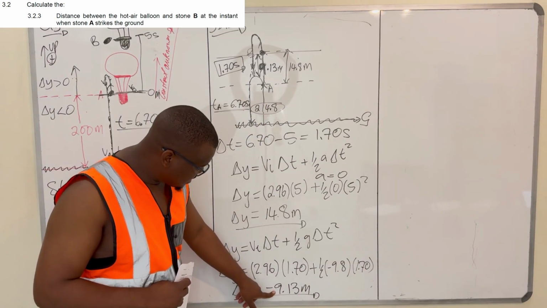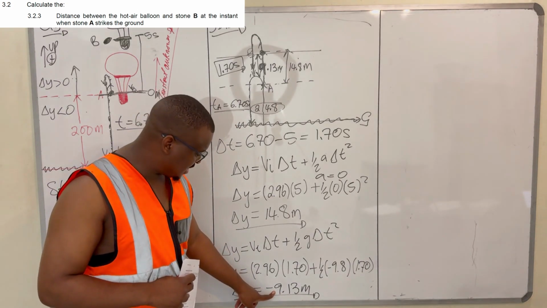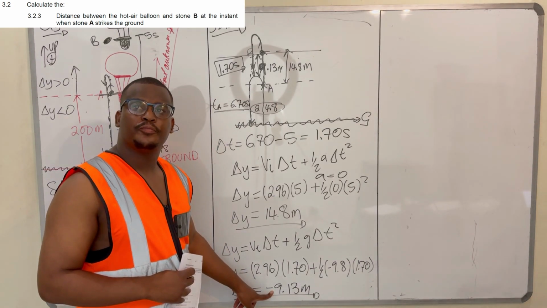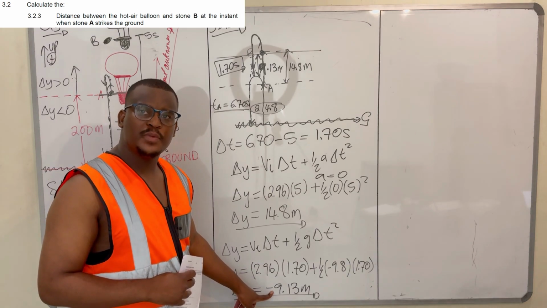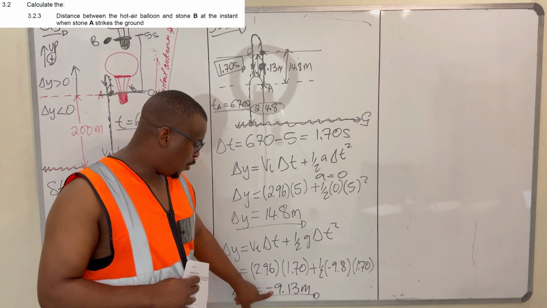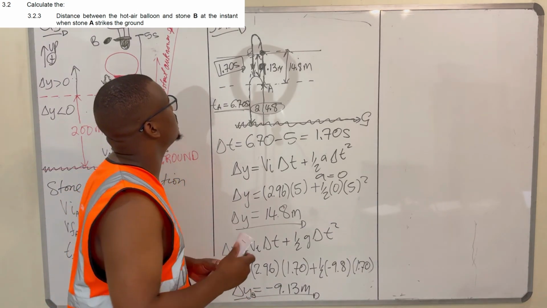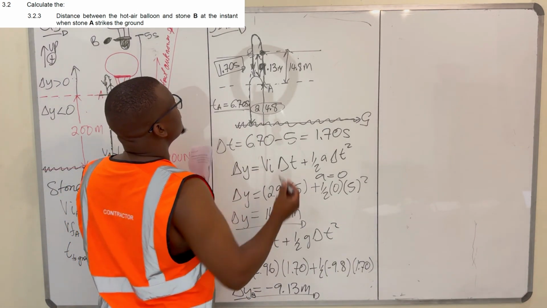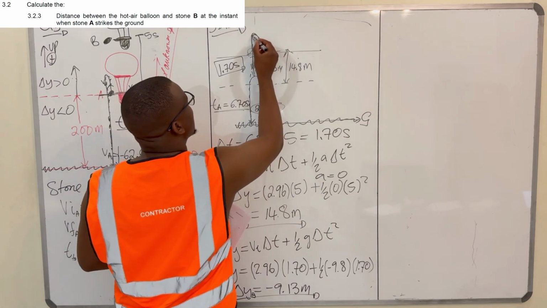This 9.13 is the position of stone B from its starting position. It is how far the ball has moved from where it started, which means ball B started here and went down.